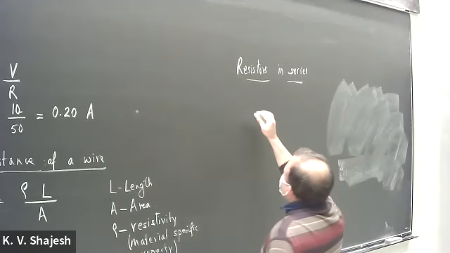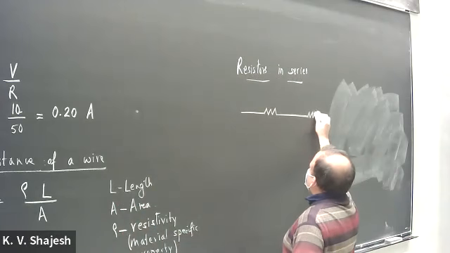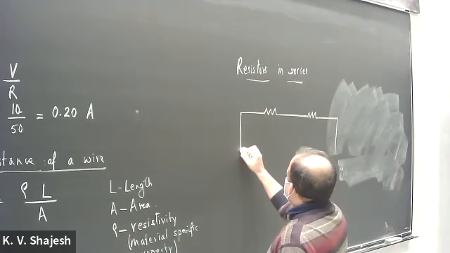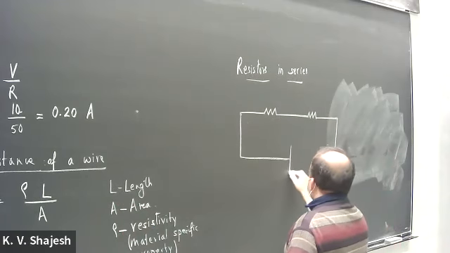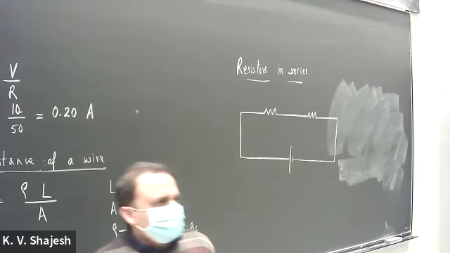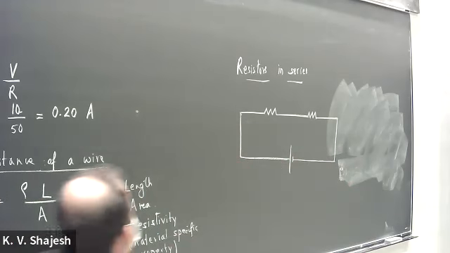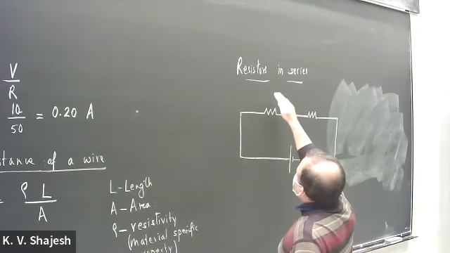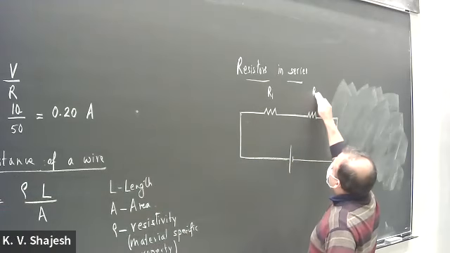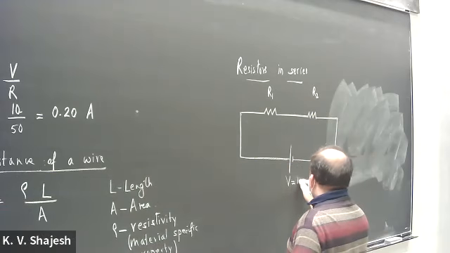And that would look like you have two resistors connected end to end, and it's connected to the same battery. Let's say that's R1, that's R2, and that's voltage V. So let's say that's 10 volts.